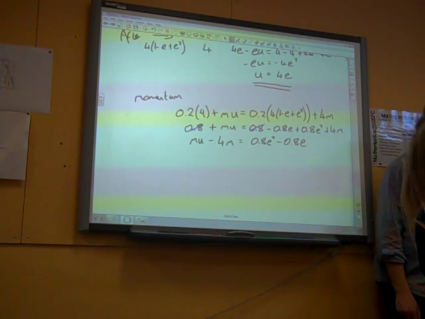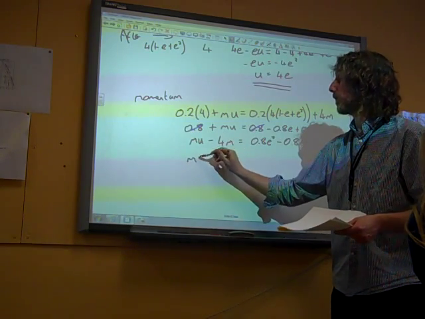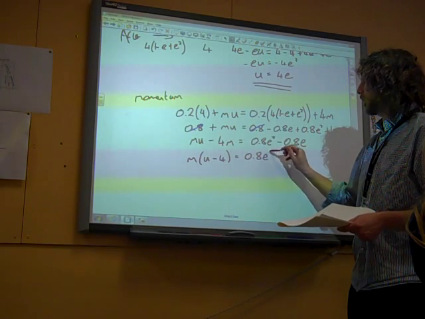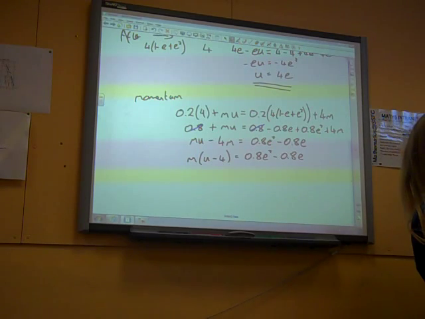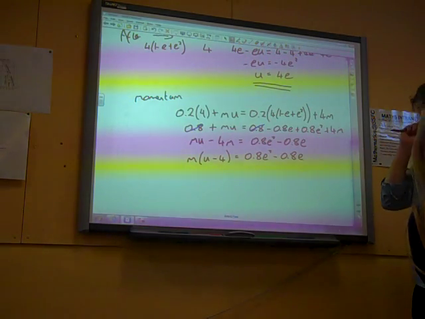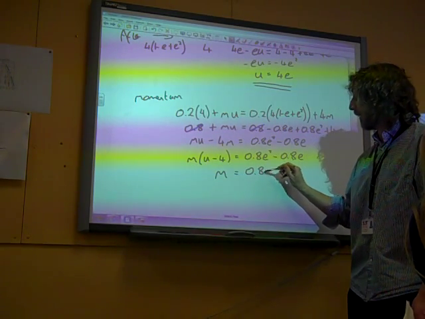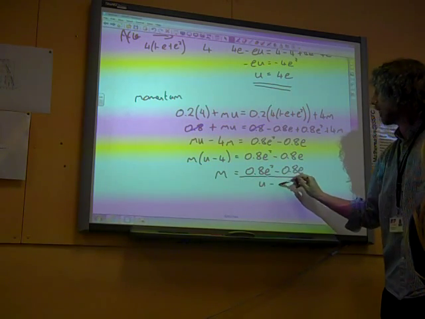I want to find m. So I've got that, which gives me m as (0.8e² minus 0.8e) over (u minus 4).